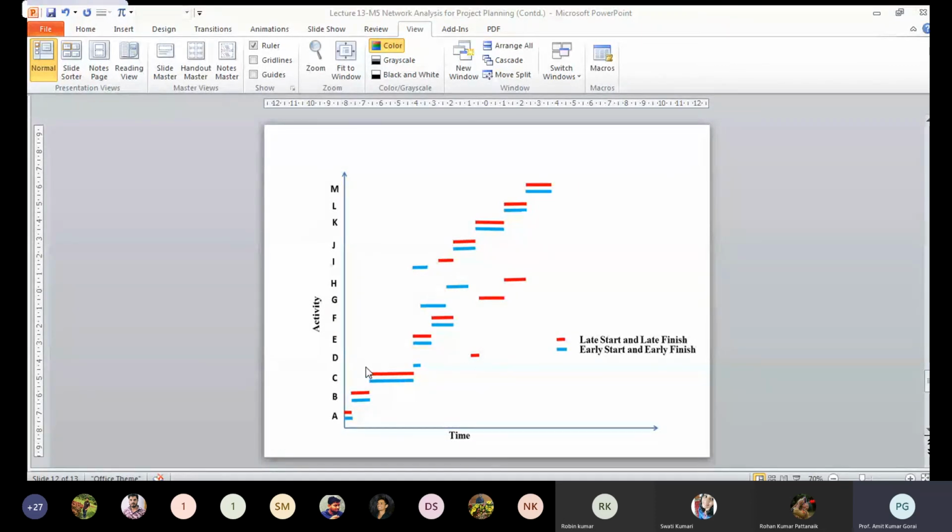Suppose this job D, you can start at its early start and make it finish at its early finish. But you can also start somewhere here and finish somewhere here, or start later and finish. At maximum you can start at the late start here and finish. Beyond that, if you start after this time, your project will be delayed to some extent and the entire project will be delayed.